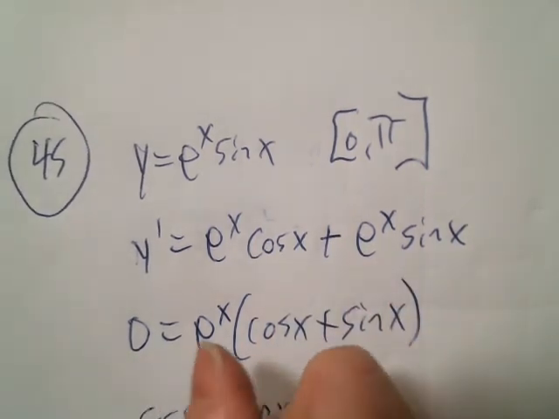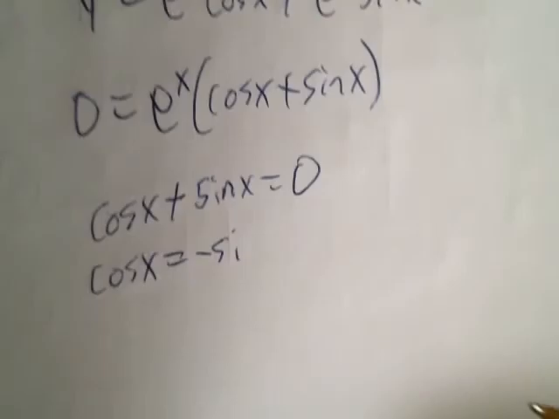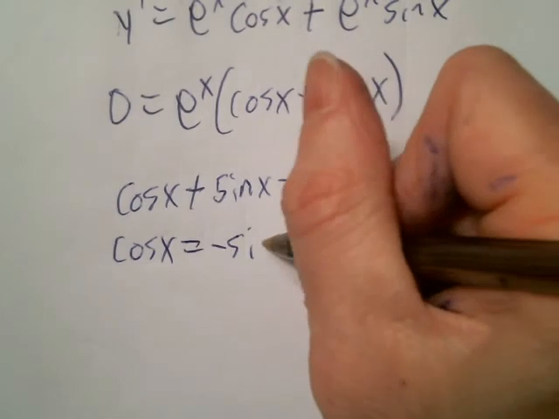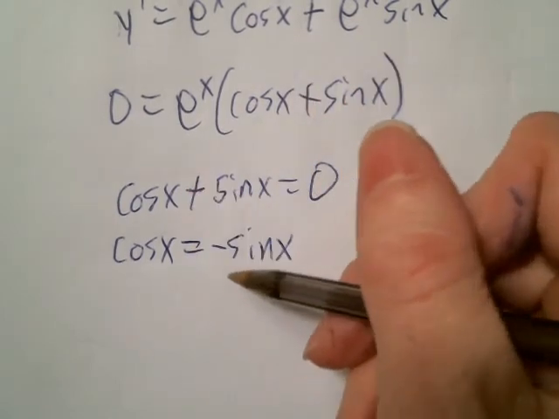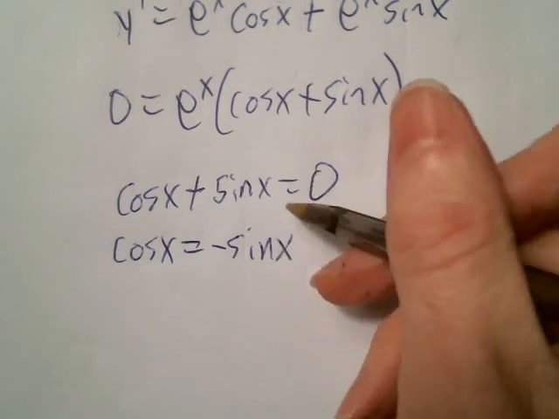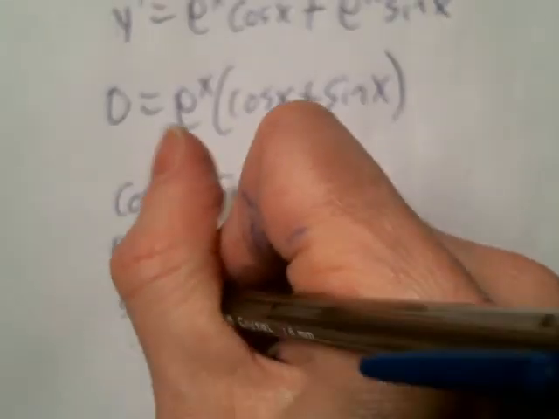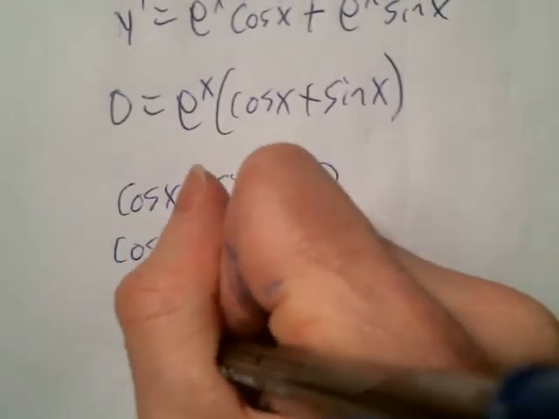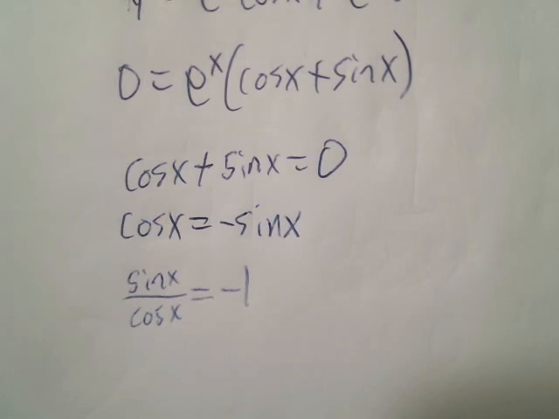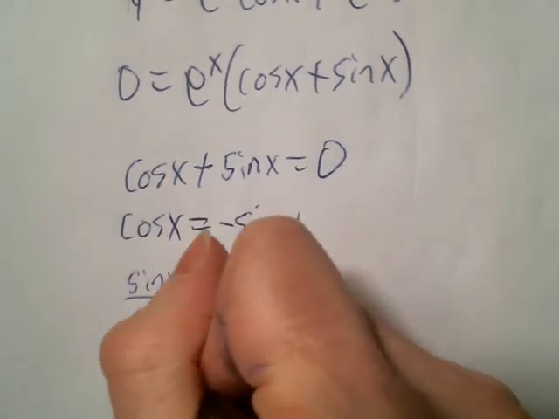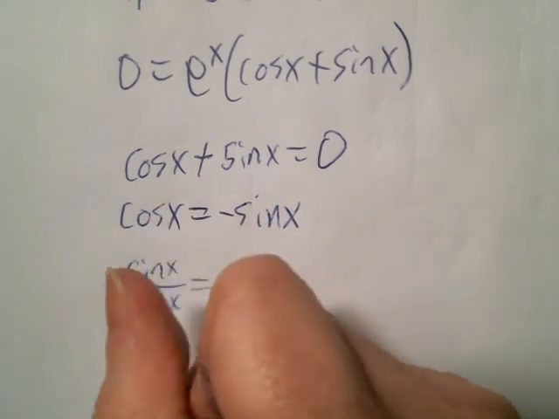In other words, where is cosine x equal to negative sine x? Okay. To figure that out, you could divide both sides by cosine and then multiply both sides by -1. So you get sine x over cosine x equals -1, which is tan, right? So I want to know where tan of x is equal to -1 in that interval from 0 to pi.